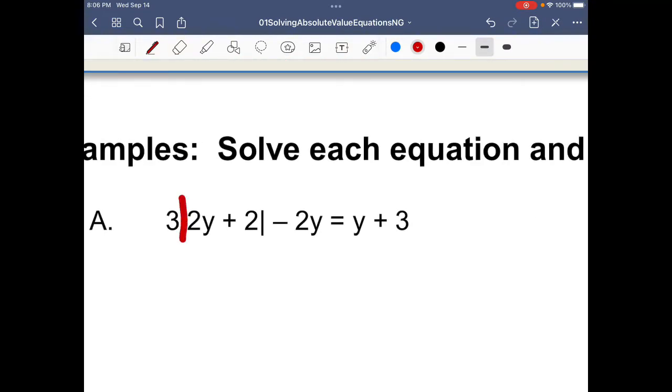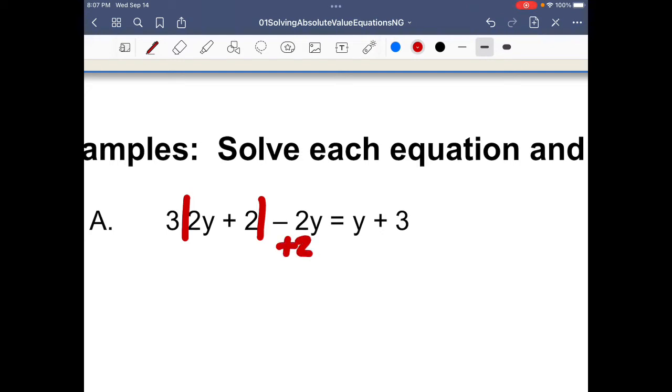So, absolute value equations. Fun, fun, fun. Okay, we've got 3 times the absolute value of 2y plus 2 minus 2y equals y plus 3. Now, you can't just ignore these absolute value signs and treat them like parentheses, like distribute. Can't do that. Instead, you've got to isolate. Isolate means we want the absolute value of 2y plus 2 to be the only thing on one side of the equation.